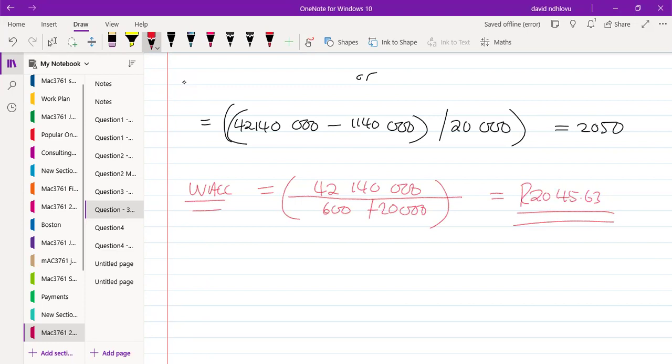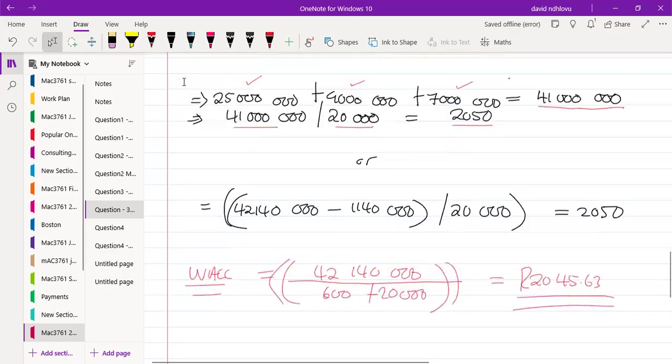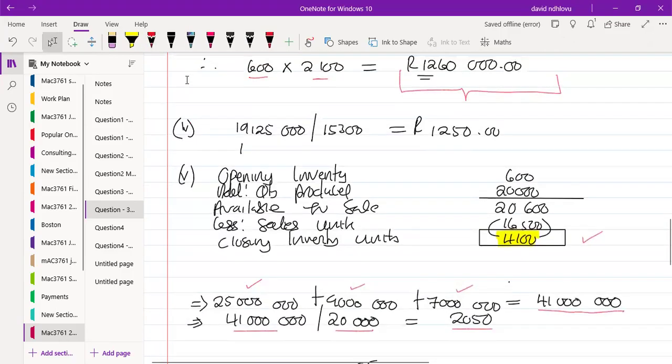So you can see the difference here. Weighted average method says in closing inventory, we may still have traces of opening inventory. We can't ignore the opening inventory, so we incorporate it in the calculation. But when we base on the FIFO method, we are saying there are no traces of opening inventory in closing inventory.